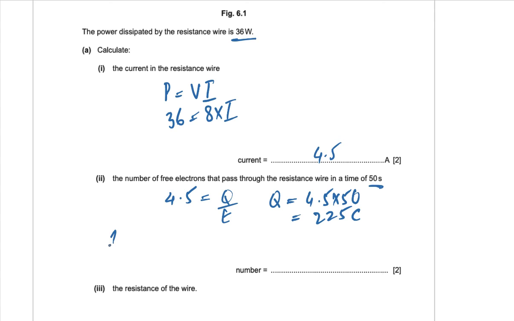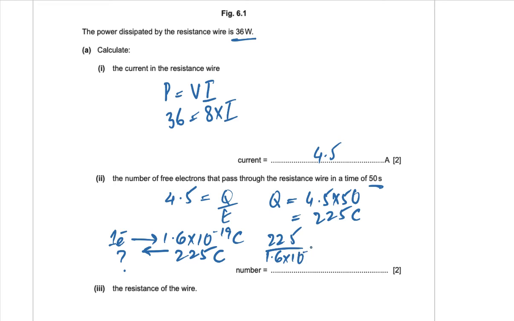Now, since each electron carries a charge of 1.6 times 10 to the power of negative 19 coulombs, you have been given the coulombs and you're supposed to find the number of electrons. So 225 divided by 1.6 times 10 to the power of negative 19, this will be the number of electrons. So 1.4 times 10 to the power of 21 electrons.